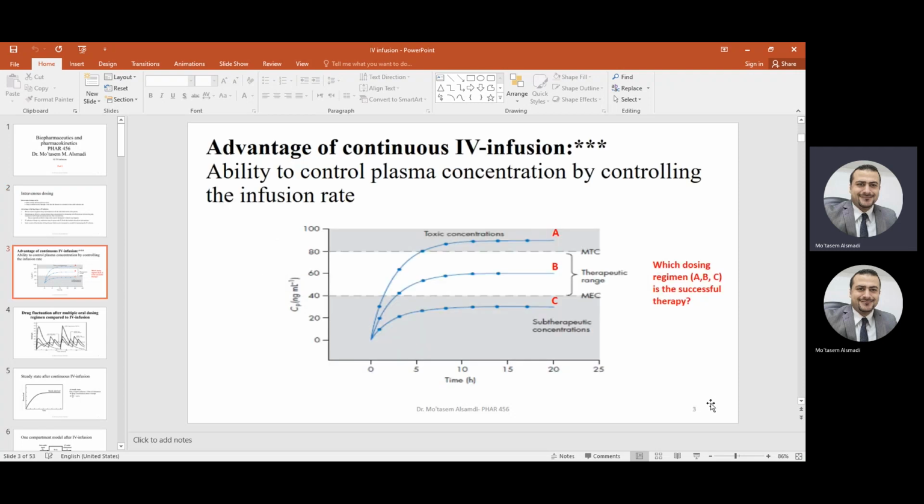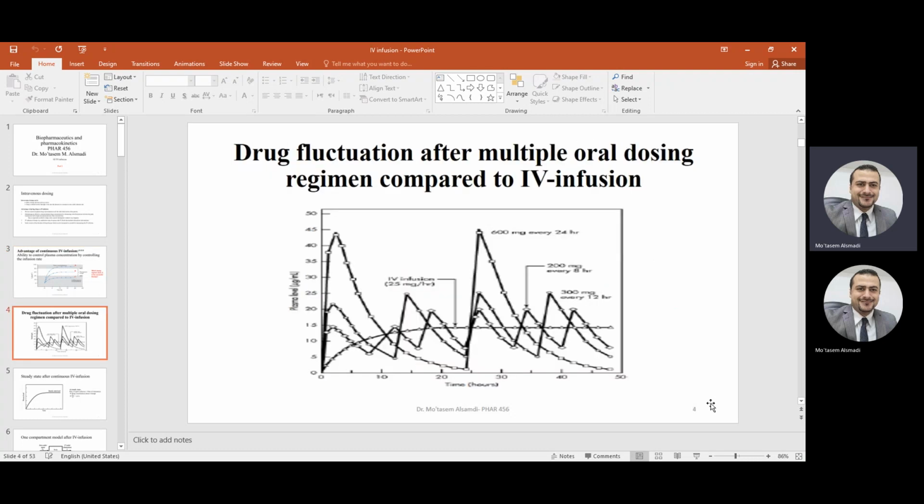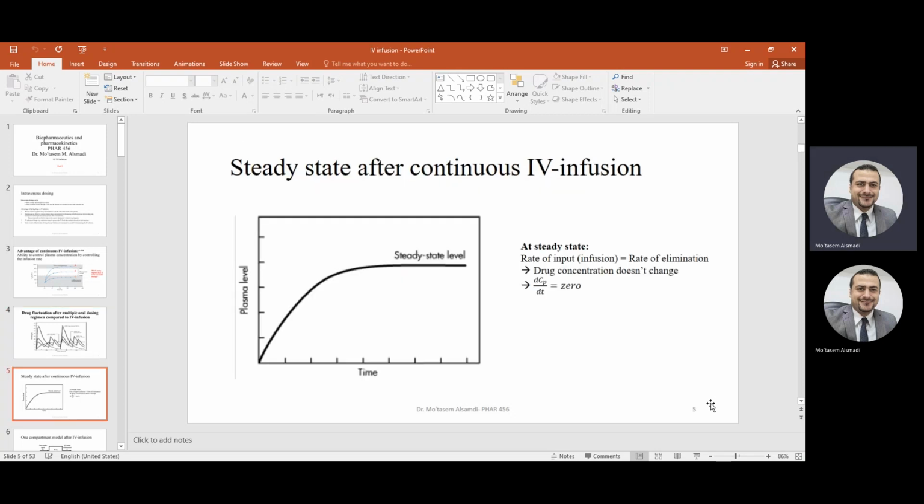One of them is that we can simply control the concentration depending on the input rate or the infusion rate. This is the main advantage. As a second advantage, you can avoid the fluctuations resulting from giving the drug as multiple IV bolus dosing, for example. We said that we start at 0, then the concentration increases gradually, then we reach steady state, right?